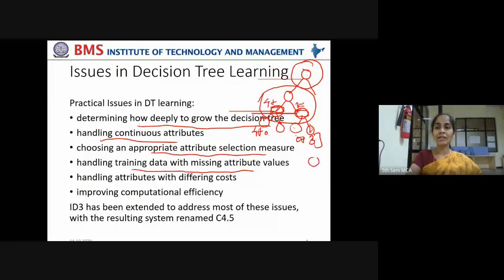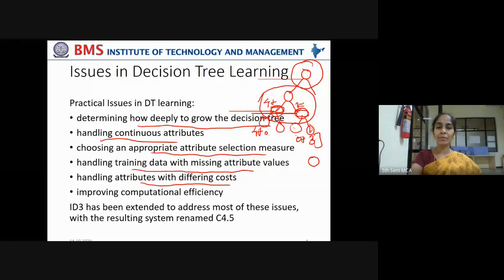If the split point taken is weight, and the weight of that person is not known, then how to put him in the yes category or no category, or in the greater than 50 kgs category or lesser than 50 kgs category? How can you handle that data? That is another issue. And handling attributes with differing costs. If the attributes have different weightages, then how to handle that particular attribute.